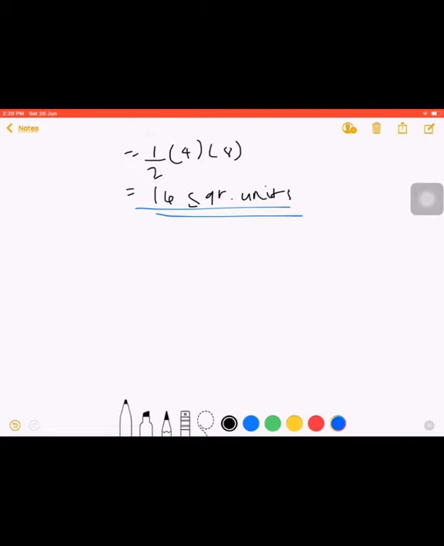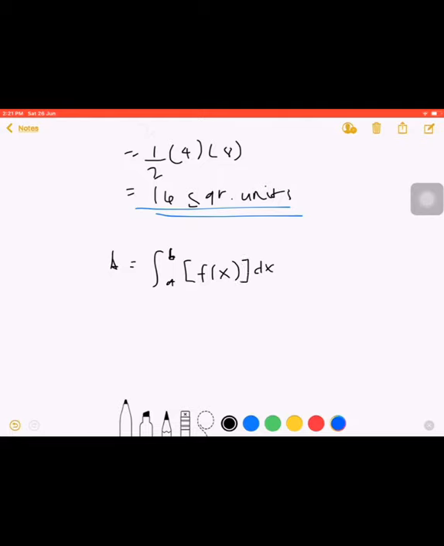We know that the area between a curve and the x-axis is the integral from a to b of f of x dx.